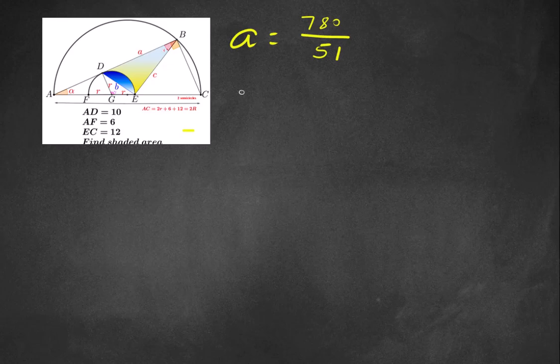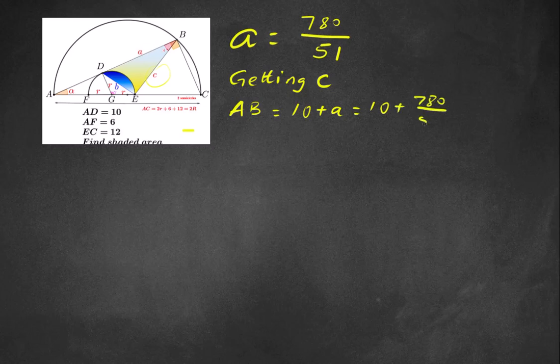We are going to calculate C using the fundamental formula of the cosines. So it will be very simple here, getting C. So in triangle ABE, AB is equal to 10 plus A, which is 10 plus 750 over 51, and we just multiply everything.